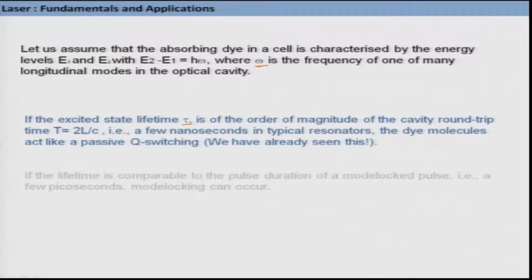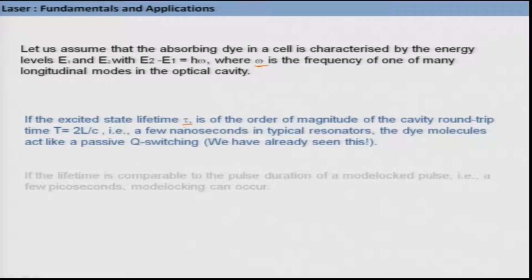If I have such a system for which tau has a similar value to that of capital T, then what will happen? A few nanoseconds in a typical resonator, the dye molecule will just act like a passive Q switch, and we have seen this in the case of Q switching.